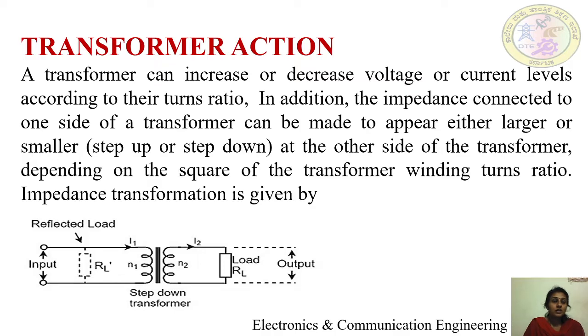Next, this is the transformer. In this case we are using a step down transformer. As we know, there are two types of transformer: one is the step down transformer and the other is the step up transformer.